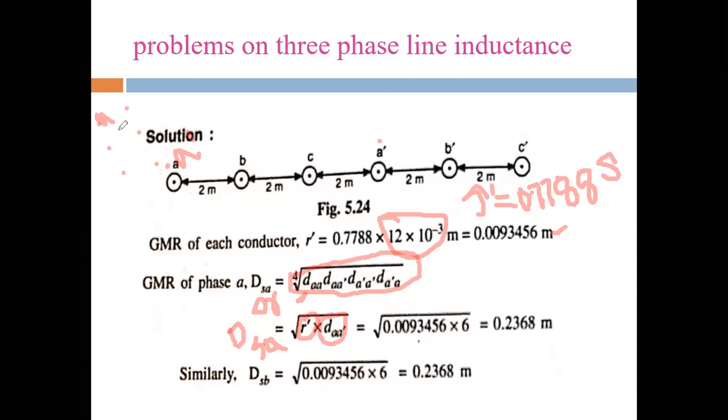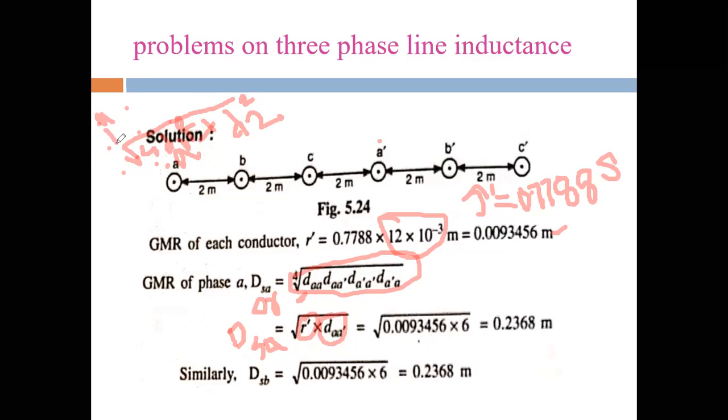The distance between A to A dash is the square root of 4 d1 square plus d2 square plus d2 square. This is the distance between A and A dash.